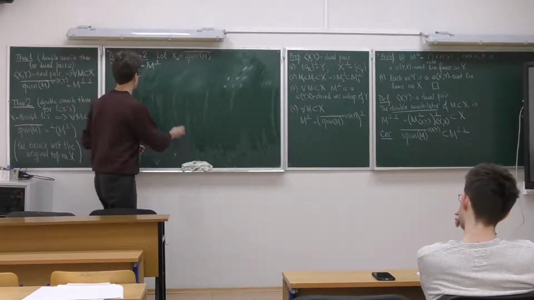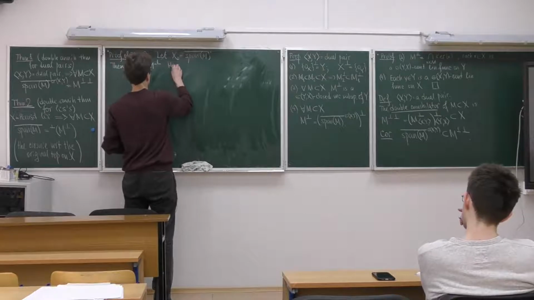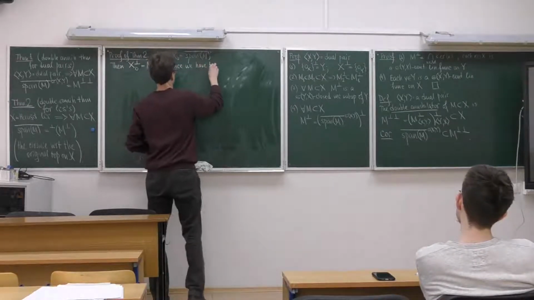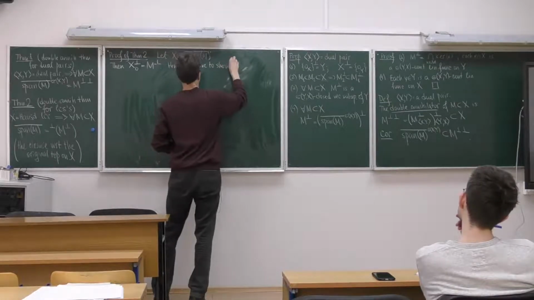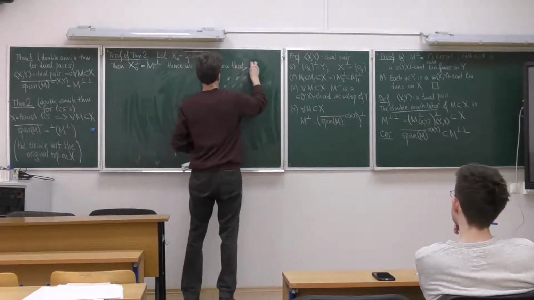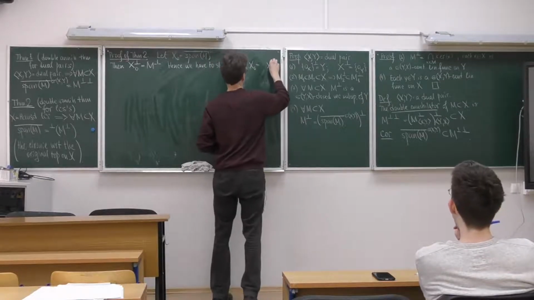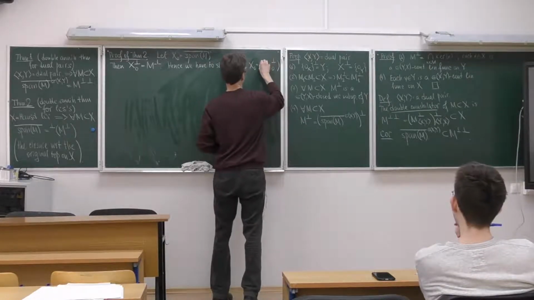So to complete the proof, we have to show that X0 is equal to the pre-annihilator of the annihilator.